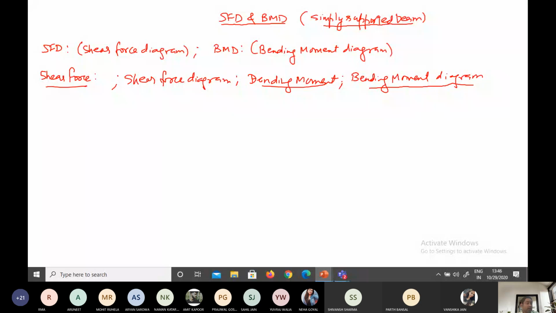Now comes the last, the bending moment diagram.